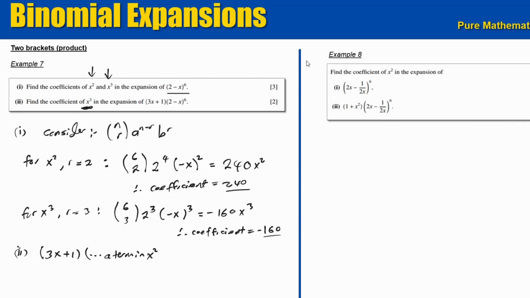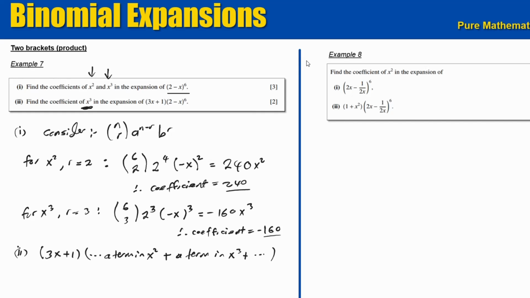And 1 has to multiply, inside the second bracket, a term in x cubed. So that's what has to happen in order for us to get the coefficient of a term in x cubed.